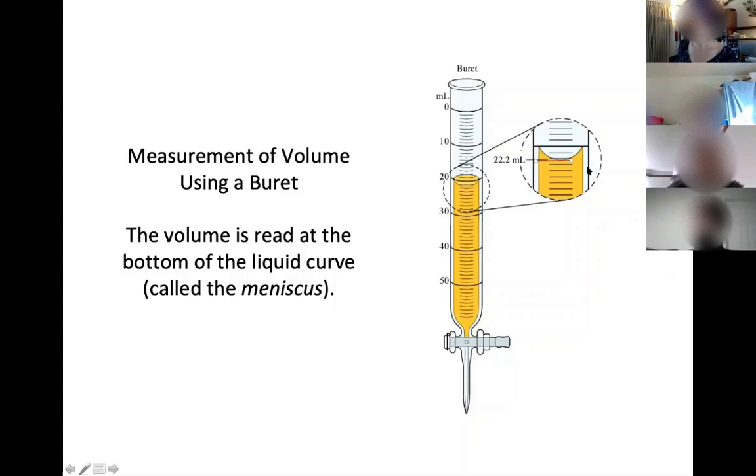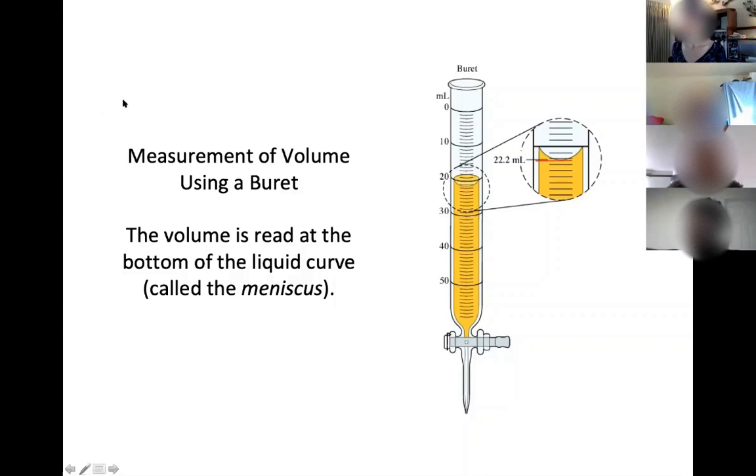And they wrote their line, but I kind of left it showing. So here was 22. Here's 23. We need to go to 1/10 of a milliliter because the markings are 1 milliliter. So we can just pick 22.2. We always read at the bottom of the meniscus.